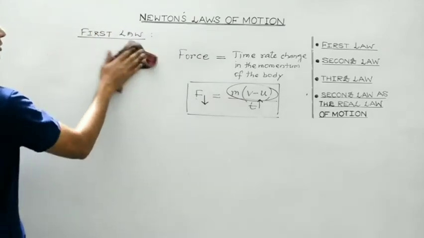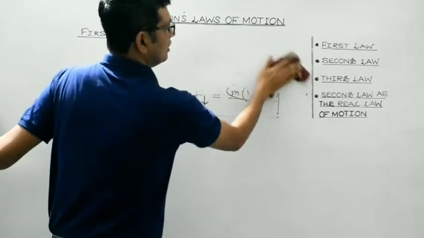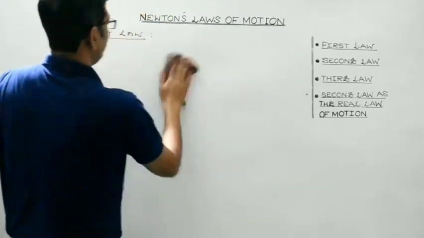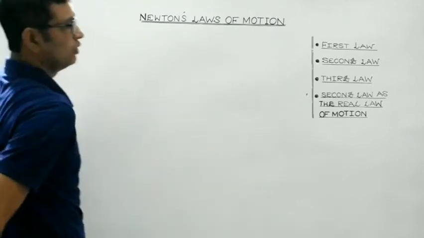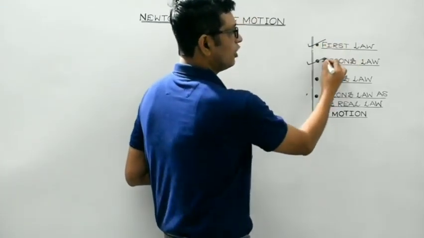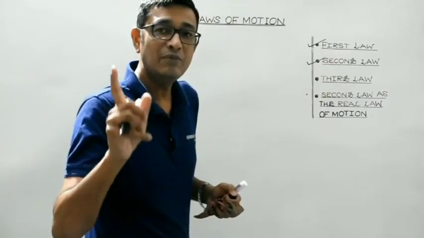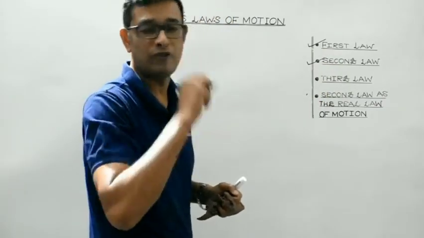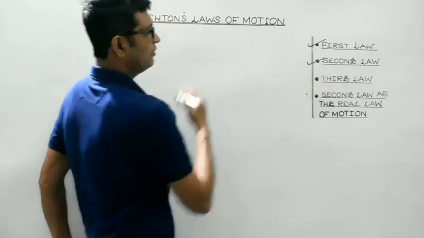So now, after discussing these applications, we need to discuss the third law as well, right? We have discussed the first law, it's based on inertia. The second law is based on the time rate change in the momentum of a body. Now the third law, a very interesting one.